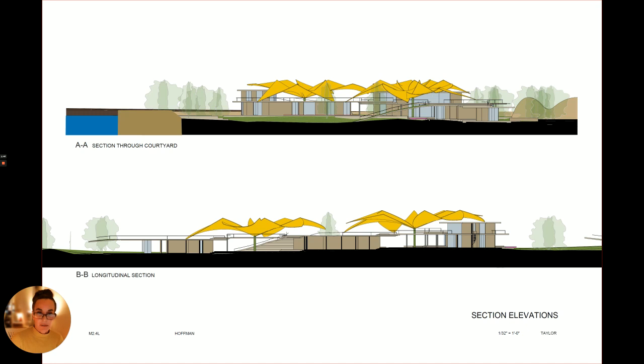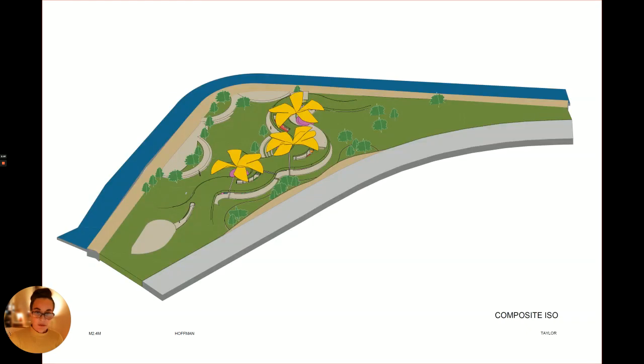And I added elevations to show the section through the courtyard with the canal at the top here, the canal and the bike path on the left all the way to the street on the right, and then a longitudinal section of the building. It's an isometric of the design.